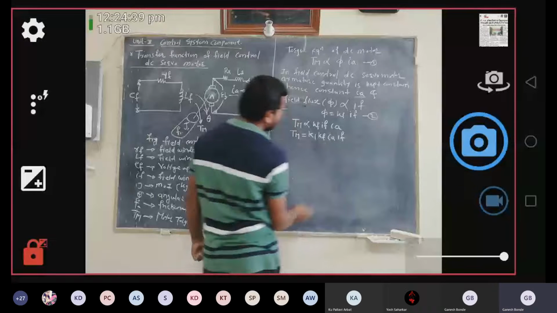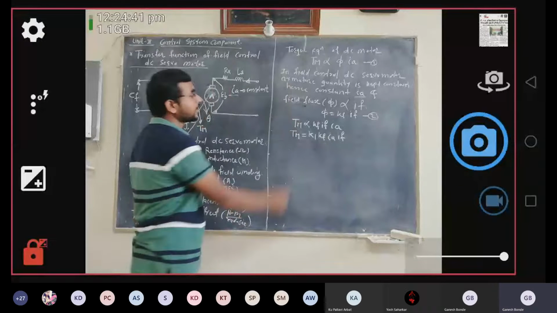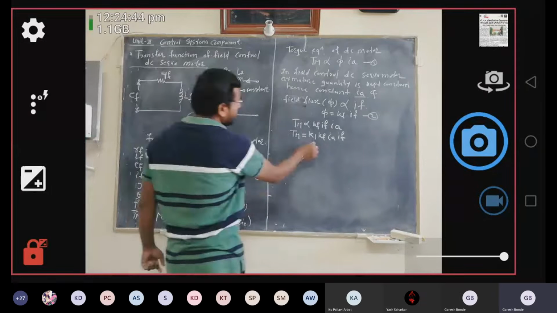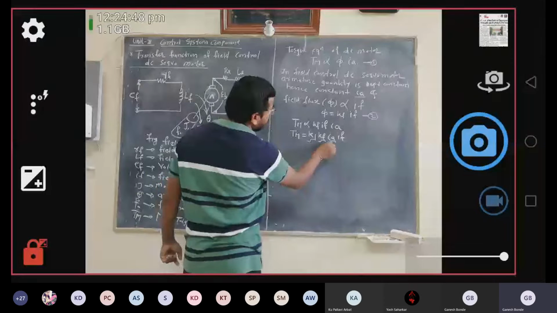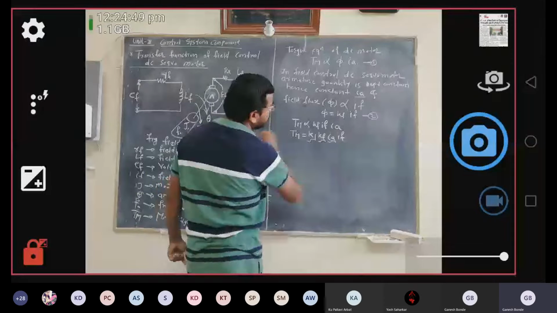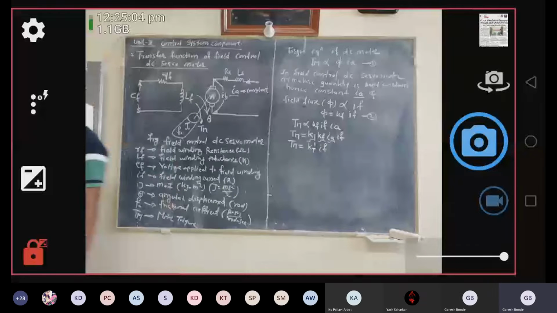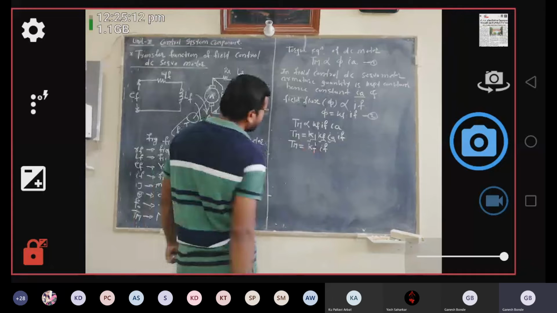If you carefully observe this equation, K1 is constant, KF is constant, and Ia is also constant. So we can define another constant: Tm is equal to Kt dash times IF. Why have I used the notation Kt dash? Because we used the notation Kt in the armature control DC servo motor, so here I use another notation, Kt dash.